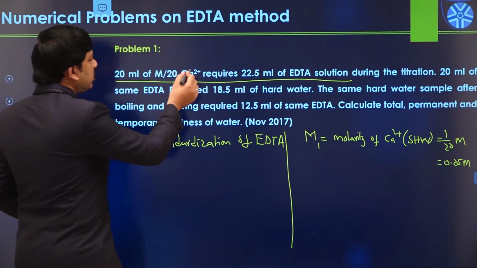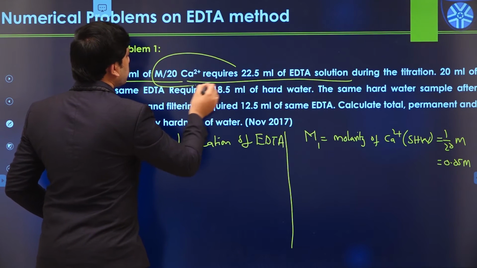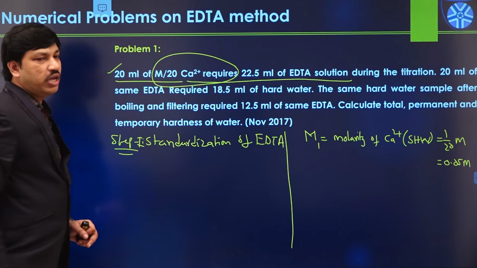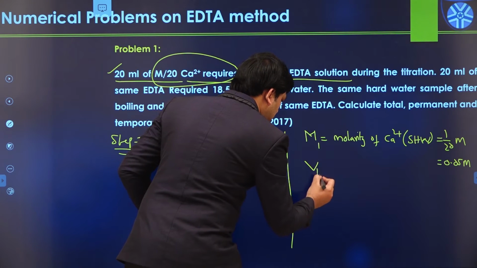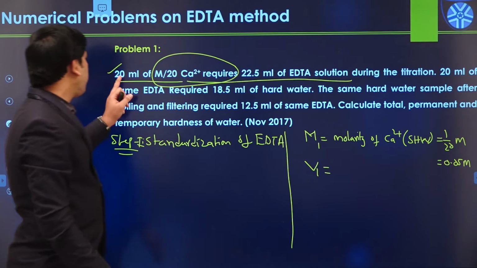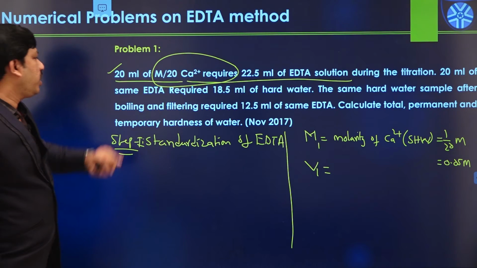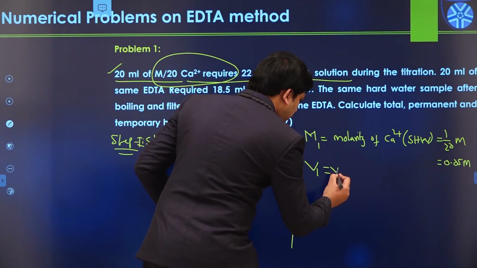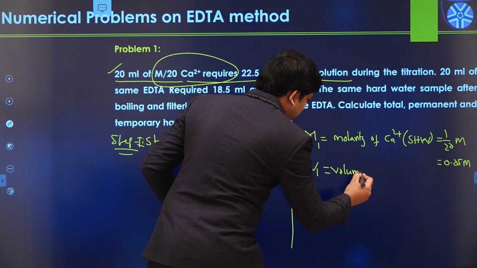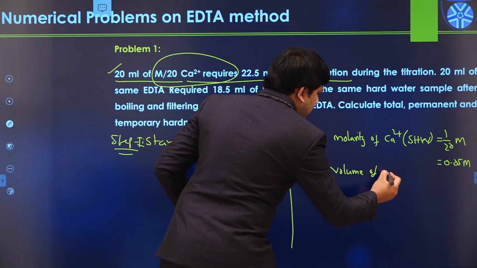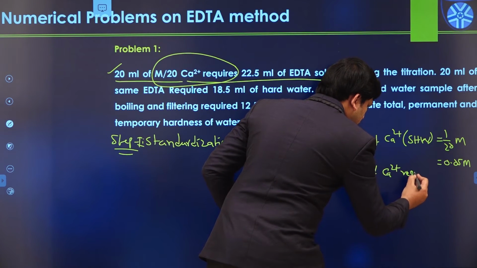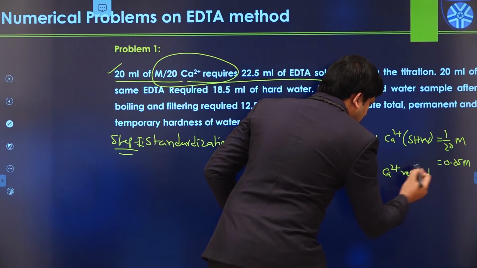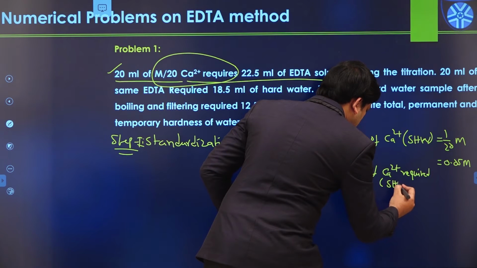And this Ca2+ solution, how much have they taken? 20 ml for that titration process. So V1, during the titration process, what is the V1 value? How much have they utilized? 20 ml only. Volume of Ca2+ required, that means the standard hard water sample.